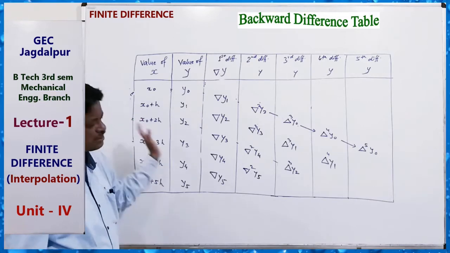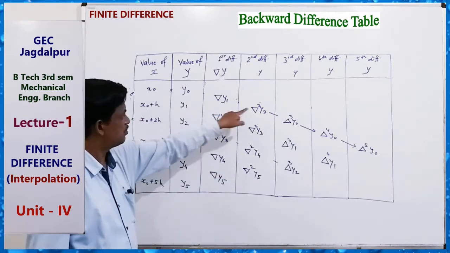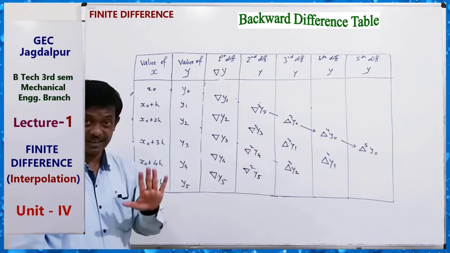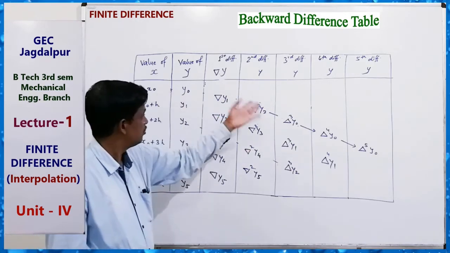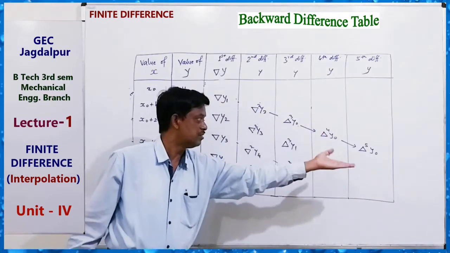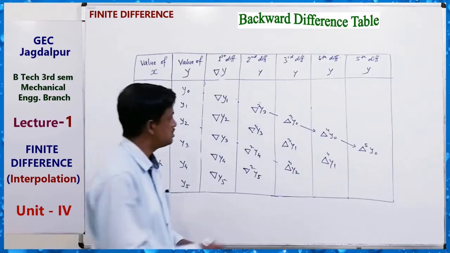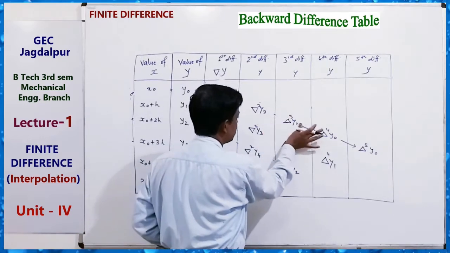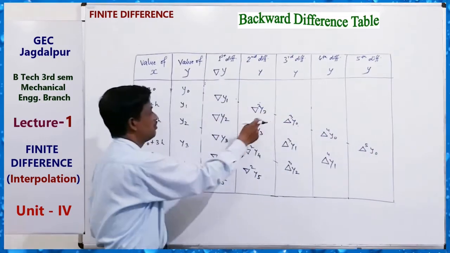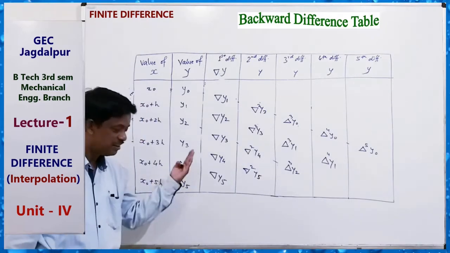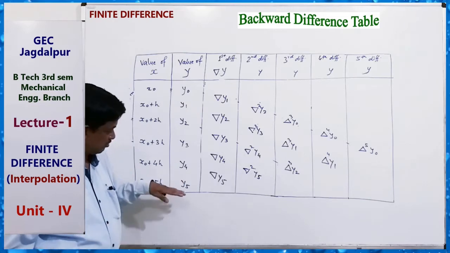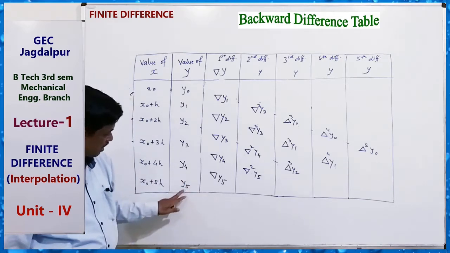The table creation method is the same. This minus this equals this, this minus this equals this. But there, the whole line depended on y0. Here we see that the indexes are different, y1, y2. But in the lower part, from the backward side of the series, we see 5.